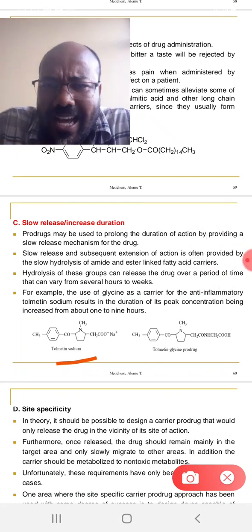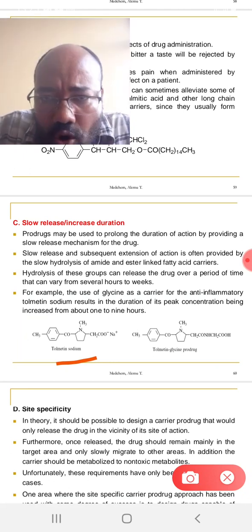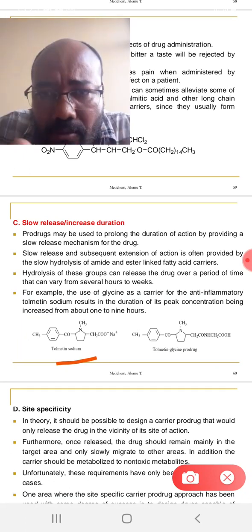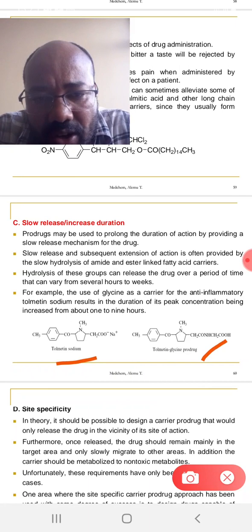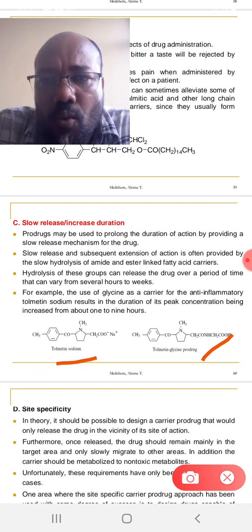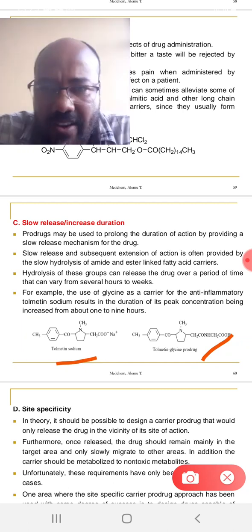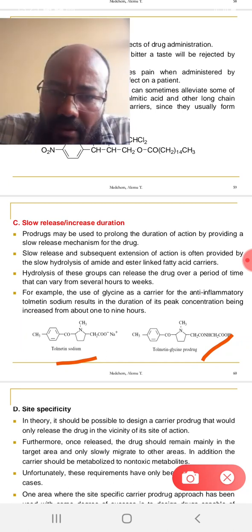This compound has a duration of action of 1 hour when it is given in the form of the active drug. But when it is given in the form of a prodrug, its duration of action is 9 hours. The duration of action is increased from 1 to 9 hours.